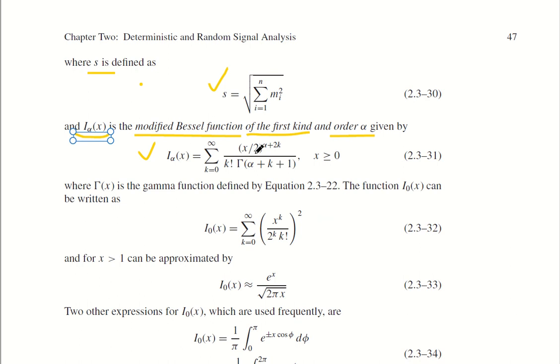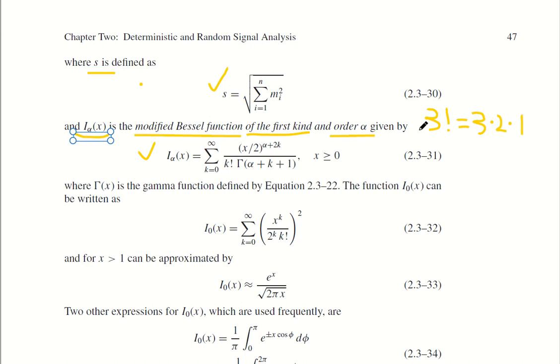And the argument S, you put it in, and it's a summation of x divided by 2, to the power alpha plus 2k, over k factorial gamma alpha plus k plus 1, for x larger than 0. Just a bit of reminder on factorial: 3 factorial is equal to 3 multiplied by 2 multiplied by 1.